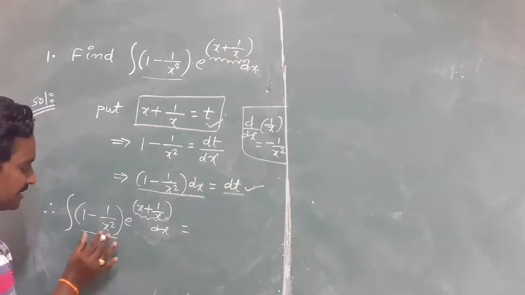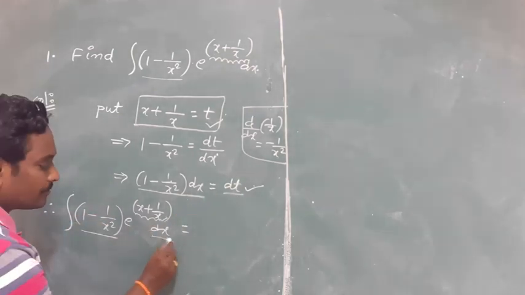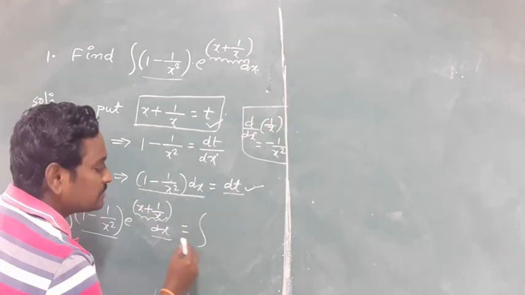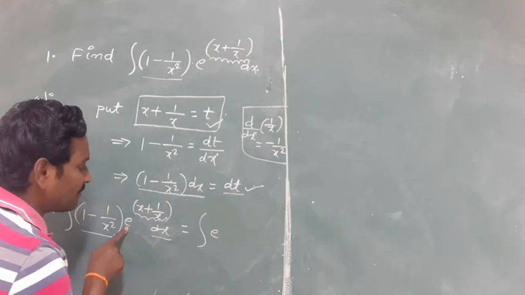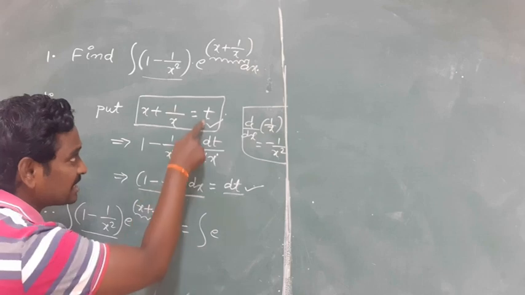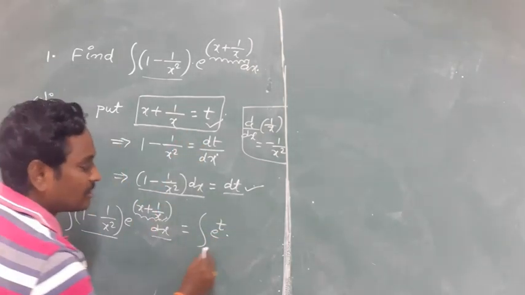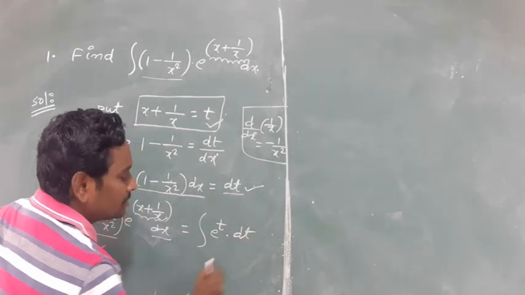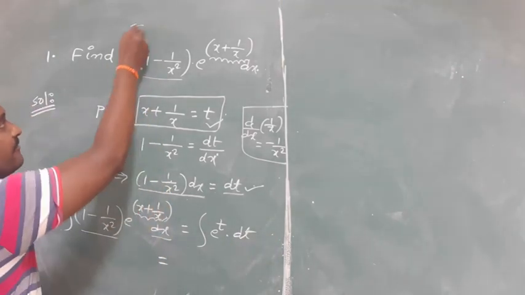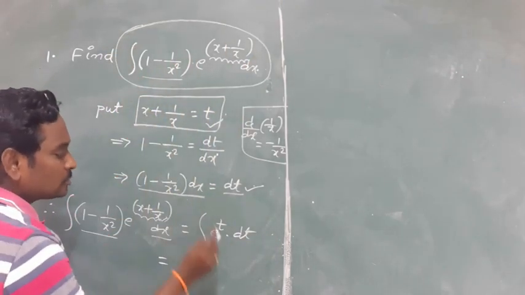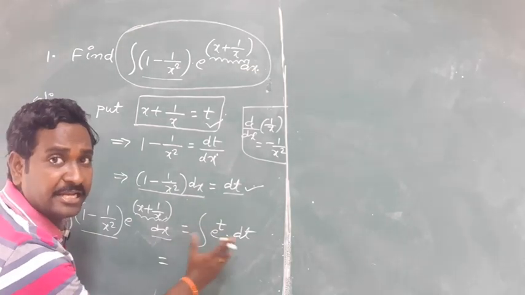So replace this term by dt. So first write e power x plus 1 by x is nothing but t, so you will get e power t. The term (1 minus 1 by x square) dx can be written as dt. So the entire given problem becomes simply integral e power t dt.